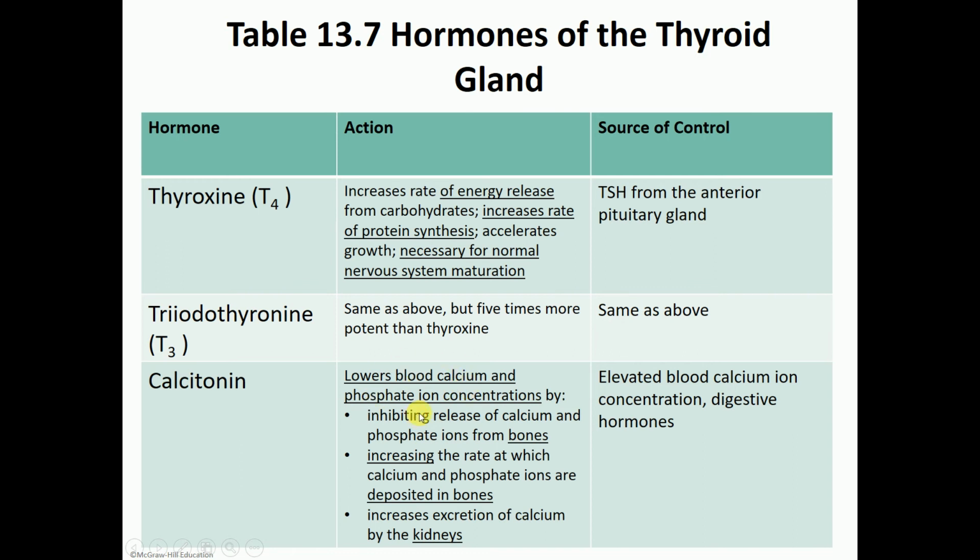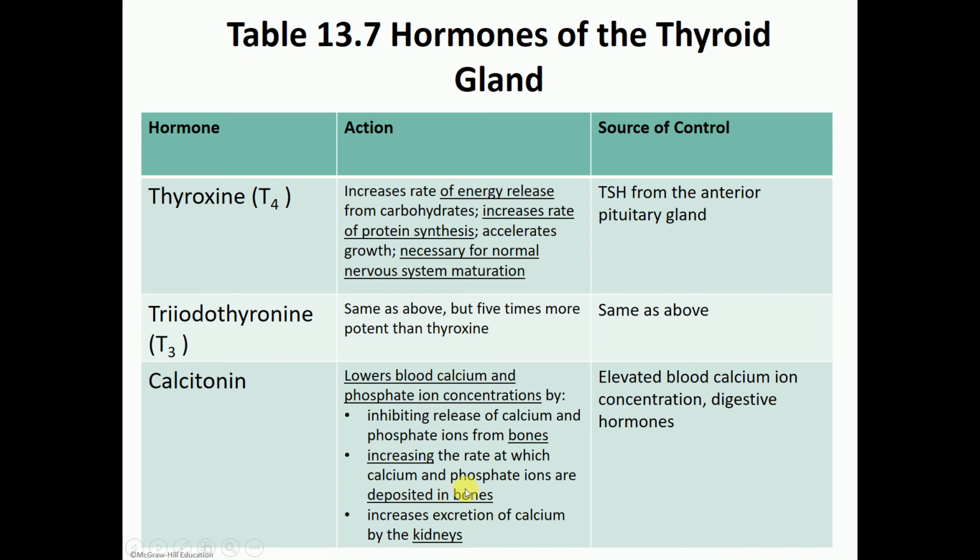And it does that through 3 different ways. It will inhibit the release of calcium from the bones. It will increase the rate at which calcium and phosphate ions are deposited onto bones.